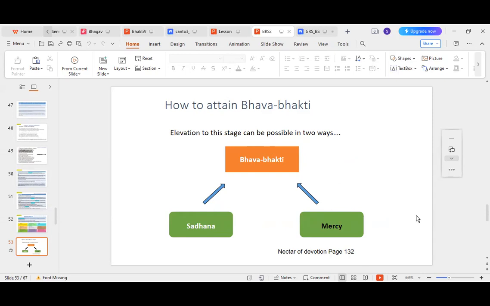So we don't know. We might think, oh, I did this for so many years, but this particular person didn't. It means it is Krishna's will, Krishna's desire to give that mercy, and that particular jivatma gets that bhava immediately. So either through mercy or through sadhana, it is possible.